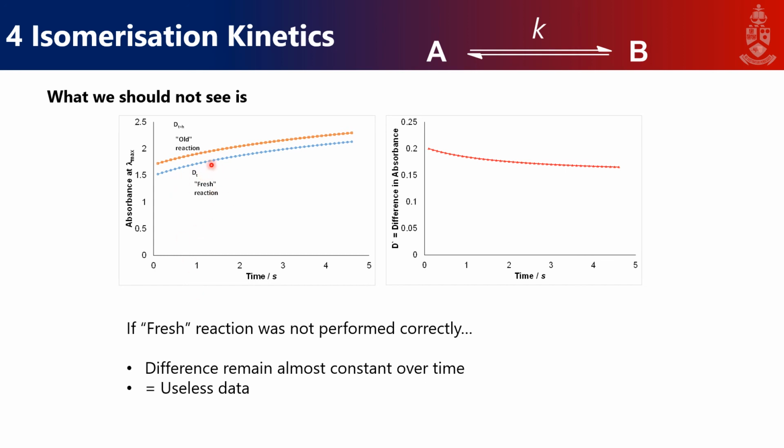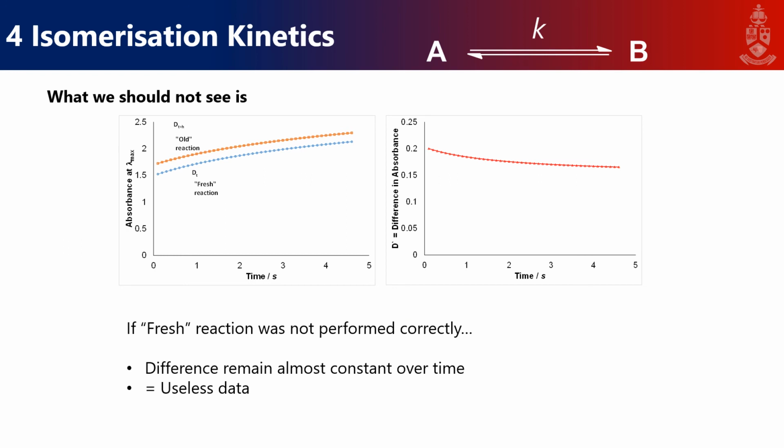Your fresh reaction is not really fresh, it's already an hour old or something like that. These are the things you can use to judge which one of those three data sets would be the best to use. So I've now given you an idea of what is perfect data and what is not perfect data. That's all I wanted to say on the isomerization.